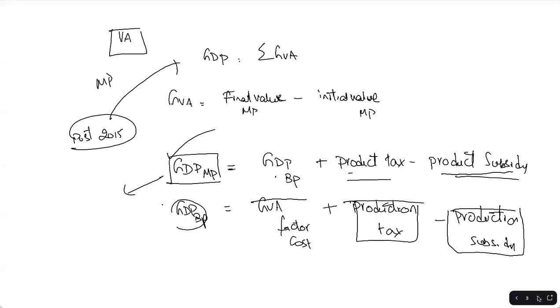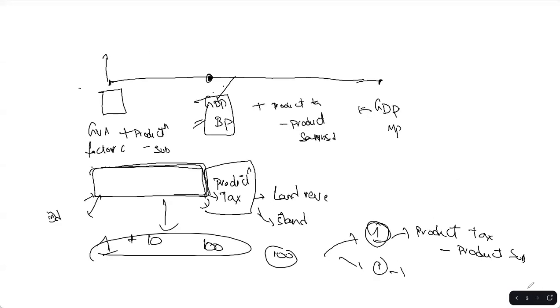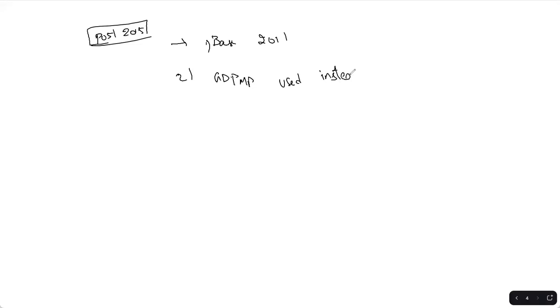And this was exactly the question that was asked in the 2021 or 2022 Mains. Now, what were the changes that were made post 2015? There we need to write that the base year was changed to 2011. Second, you will write that GDP at the market prices was being used instead of GDP at the factor cost. So you will explain the same formula which I have mentioned here.